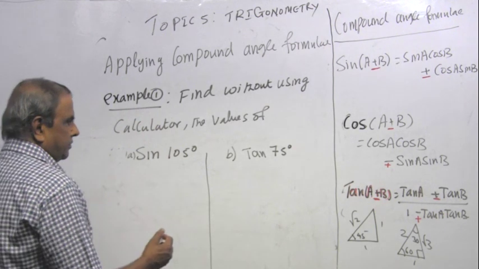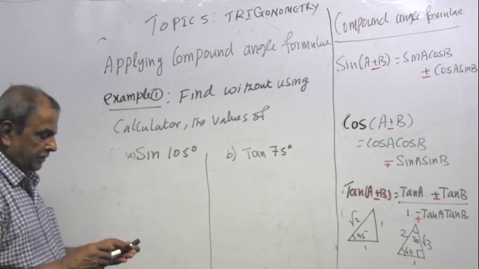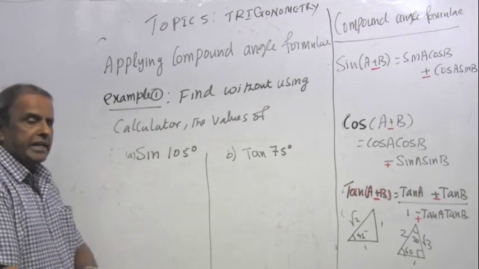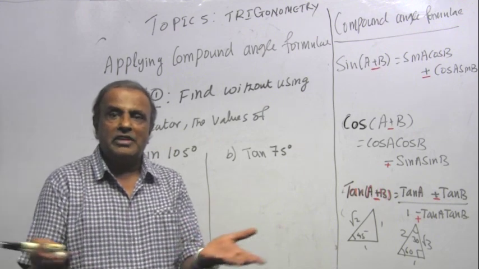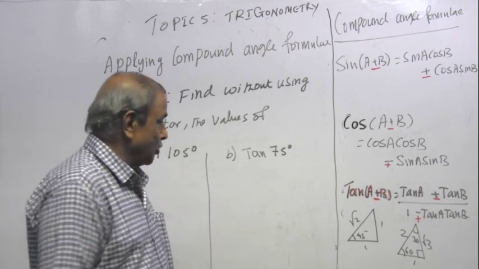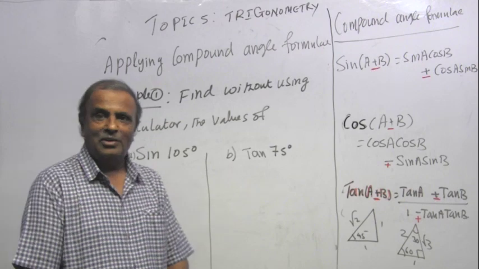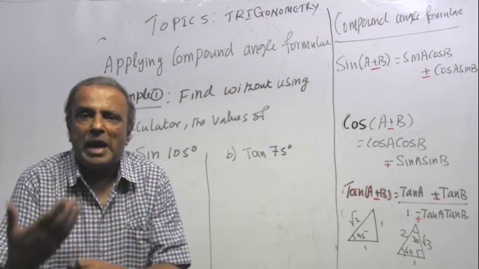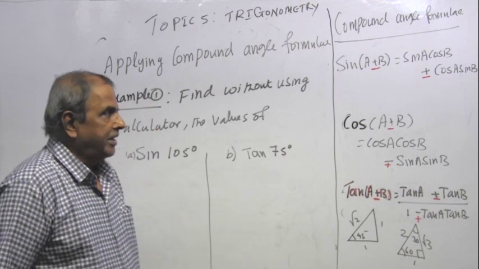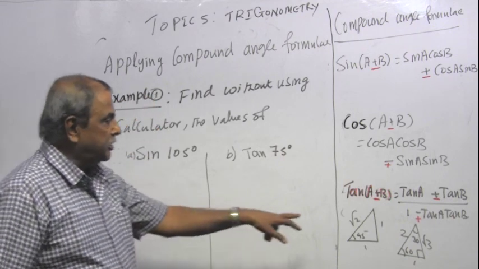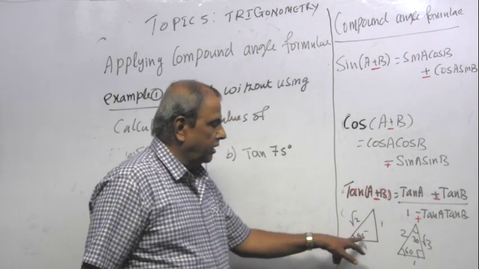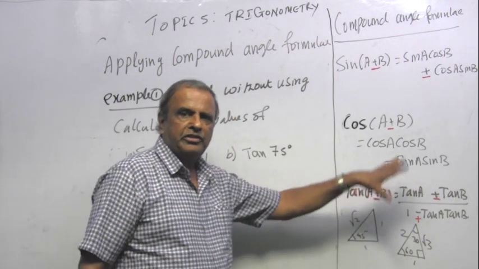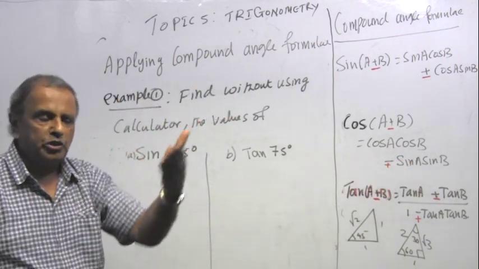I can get 105 as 90 plus 15, but I don't have a standard value for 15. There are 1001 ways of getting 105, but you must look at known values. At A level, we are expected to know the values of trigonometric ratios of 45, 60 and 30.